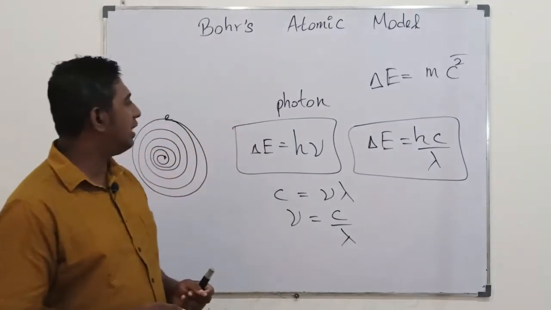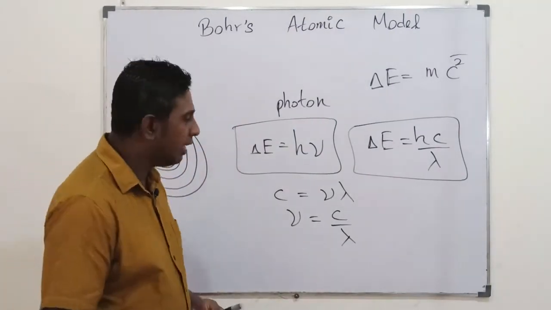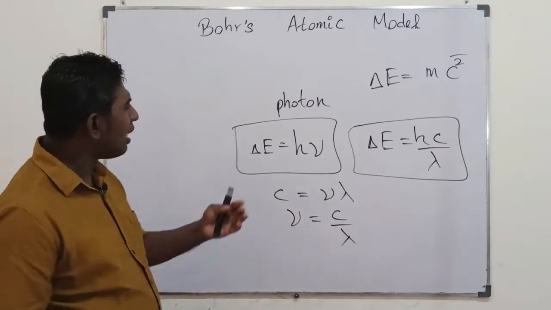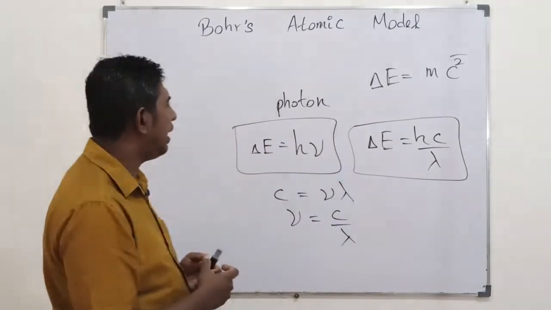Then, students, there is another scientist named Louis de Broglie. He combined these two equations.